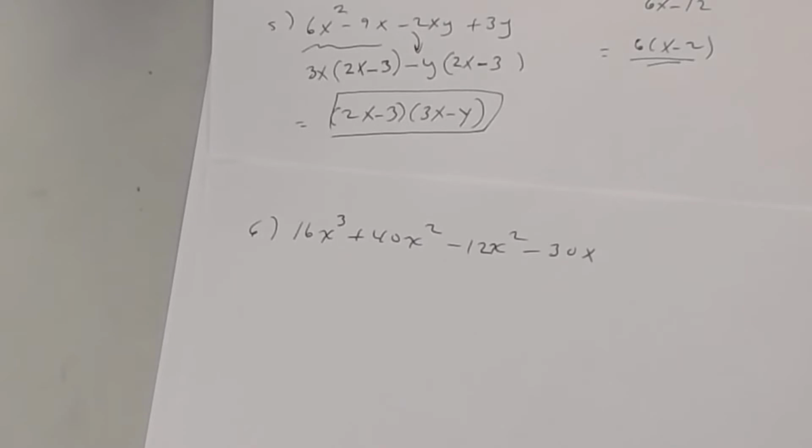What do you do first? GCF. What's the GCF? 4 goes into 30 evenly? 2. Okay, I agree with 2. What else? 2x. GCF is 2x.